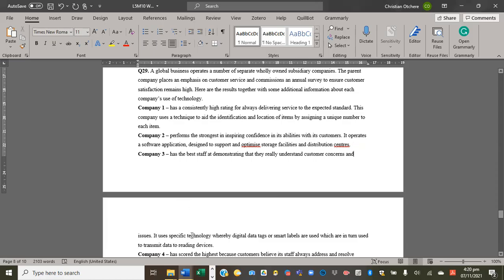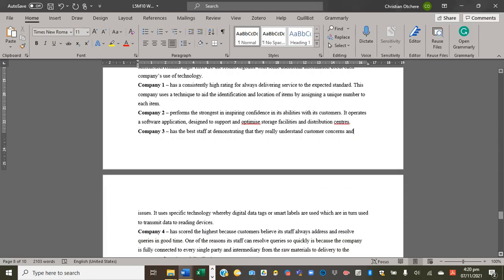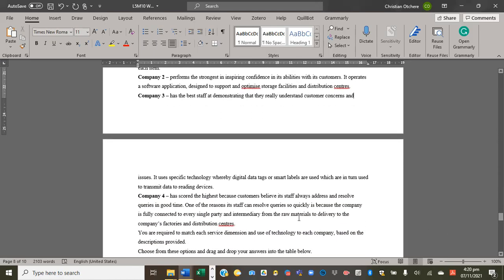It uses specific technology whereby digital data tags or smart labels are used, which are in turn used to transmit data to reading devices. Radio frequency. Okay, then the last one.